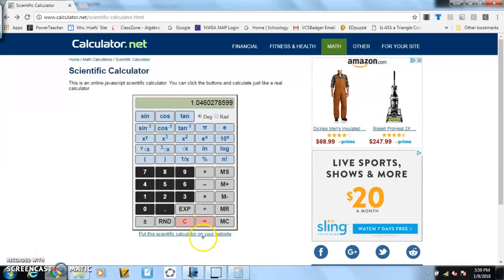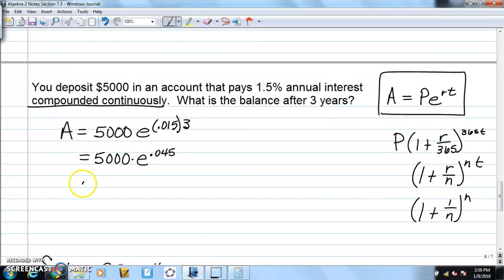And that then times your $5,000 equals. So it's $5,230.14. That's your balance after 3 years.